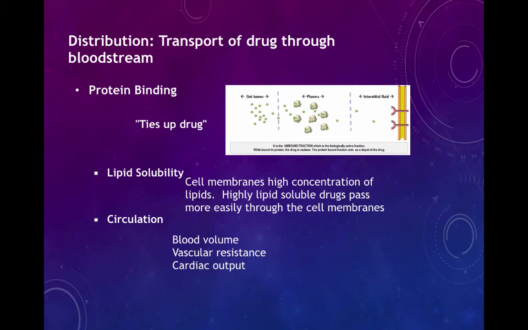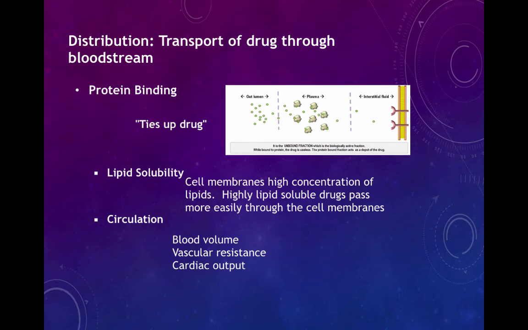Another thing that affects distribution is your circulation. Obviously, if your blood volume is low, you don't have a good flow of blood to get the drug to the tissues. Vascular resistance is kind of the same factor here. If your resistance is really high, meaning your blood vessels are constricted, circulation is reduced because it's trying to fight against this high pressure system, and the drug is not making it to the areas where it needs to be as quickly.